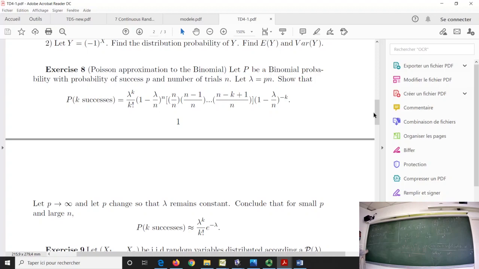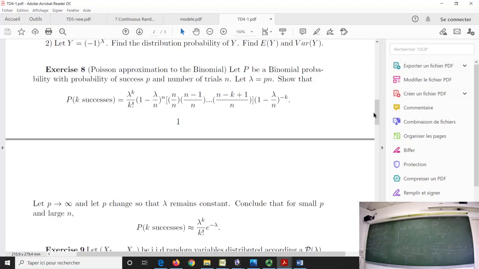So I have lambda to the power k, (1 minus lambda over n)^(n minus k), over k factorial.